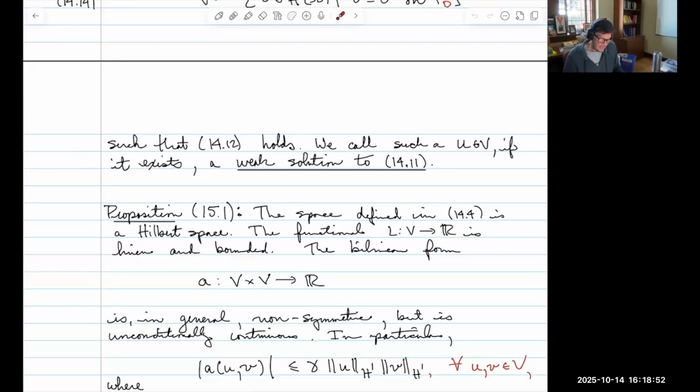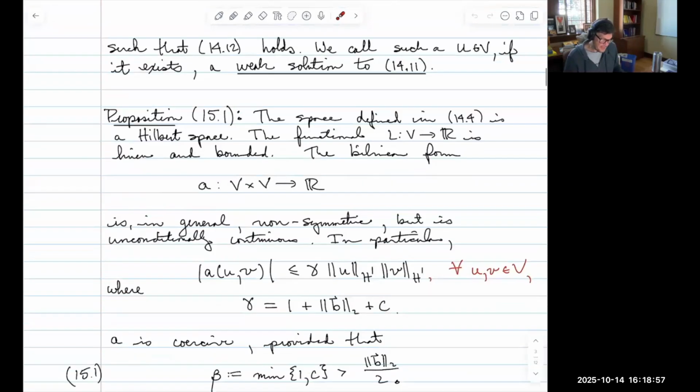The bilinear form that I defined above is in general non-symmetric, but it's unconditionally continuous.